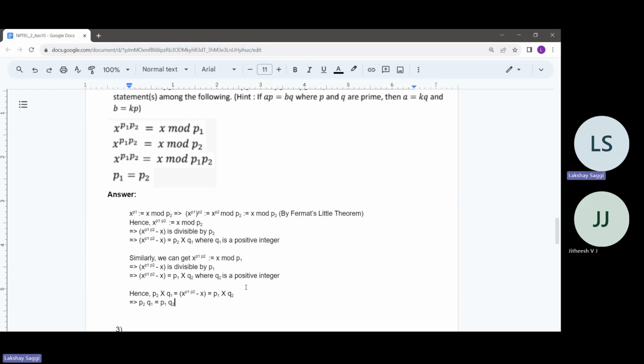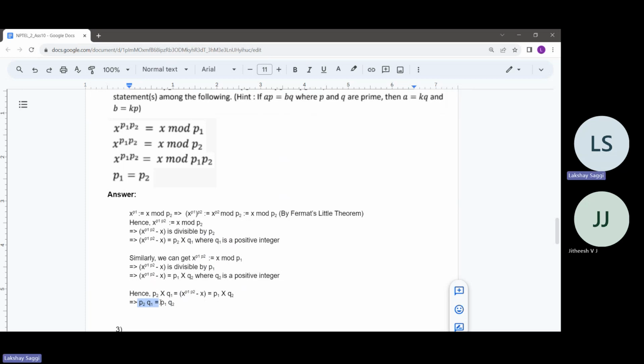You might get confused why I am doing all of this, and it can get a bit confusing, but just bear with me, guys. What I essentially wanted to say was that p1 is a prime number given to us, p2 is a prime number given to us, and we have established that there exist some positive integers q1 and q2 such that p1 times q2 is equal to p2 times q1.